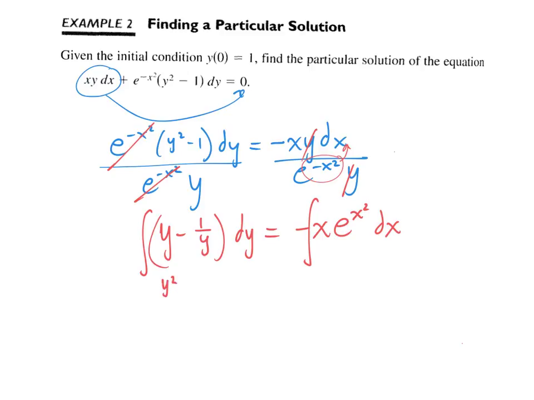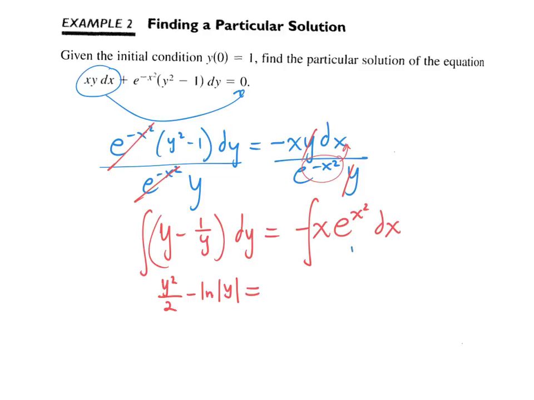So I get y squared over 2 minus the ln of y. Okay, so my u, there's a very funny delay with this.